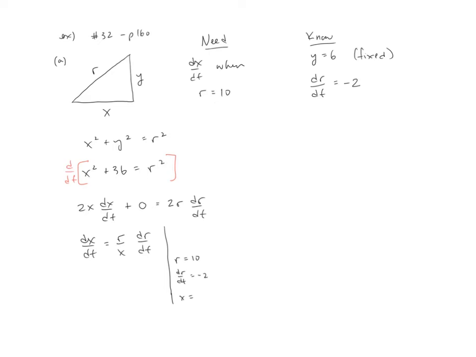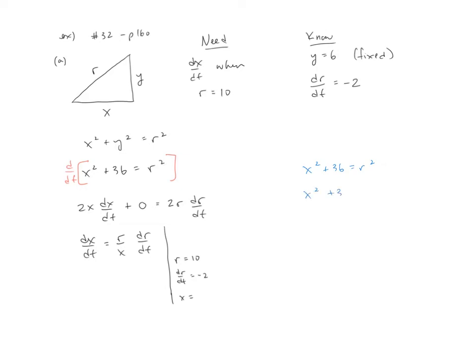Okay, so that's where we had to take the derivative in order to allow us to find this change that we were looking for. But now we can plug it in and use it at this instant. So I'm going to take my x squared plus 36 equals r squared, and I'm going to plug the 10 in for r.